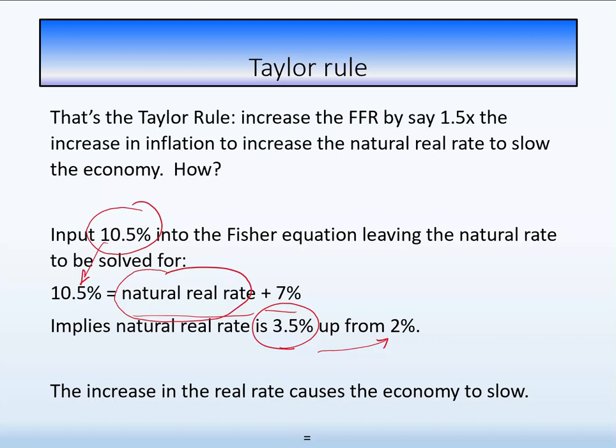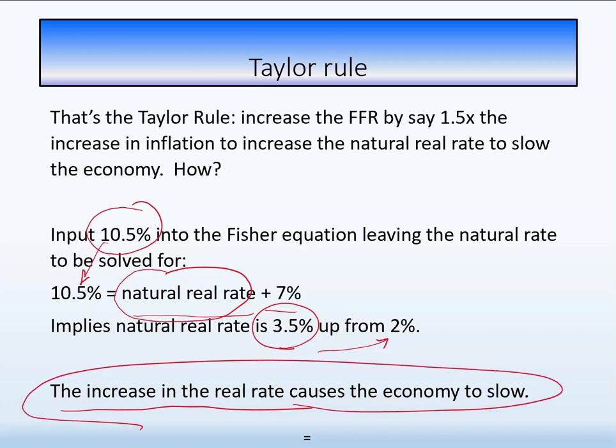So again, it's the increase in the real interest rate that causes the economy to slow. So mathematically, to determine the effect on the natural real rate, it's a two-step process. First, use the Taylor equation to calculate the target Fed funds rate, then plug the estimated target Fed funds rate into the Fisher equation along with the current inflation rate and solve for a new natural real rate.